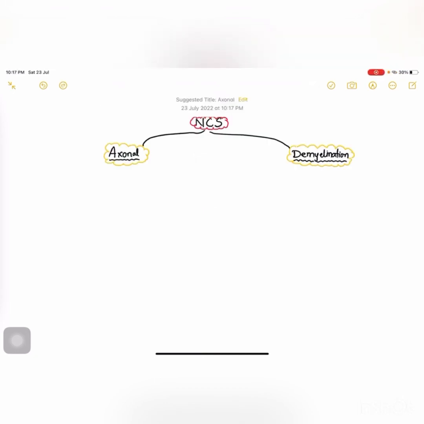Coming to nerve conduction studies in axonal and demyelinating neuropathies, the first one is CMAP amplitude. CMAP means compound motor action potential. In axonal neuropathy, the amplitude of the compound motor action potential is reduced, whereas in demyelinating neuropathy, the CMAP is normal.